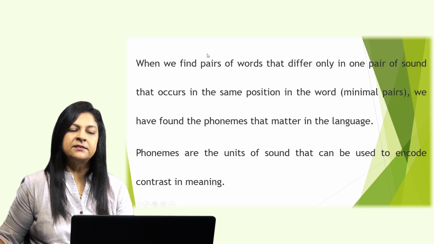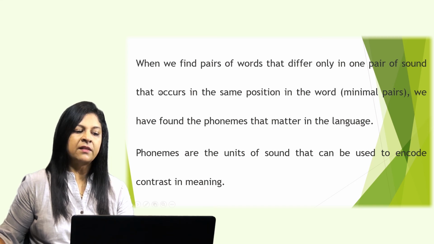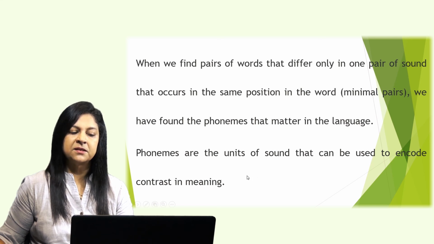When we find pairs of words that differ only in one sound that occurs in the same position in the word, minimal pairs, we have found the phonemes that matter in the language. Phonemes are the units of sound that can be used to encode contrasts in meaning.